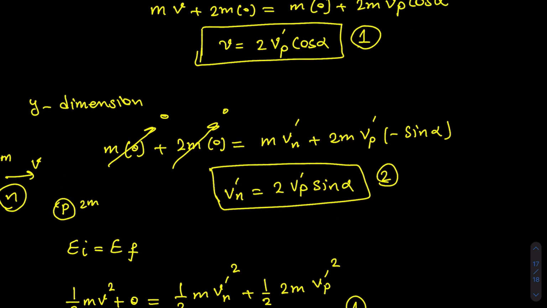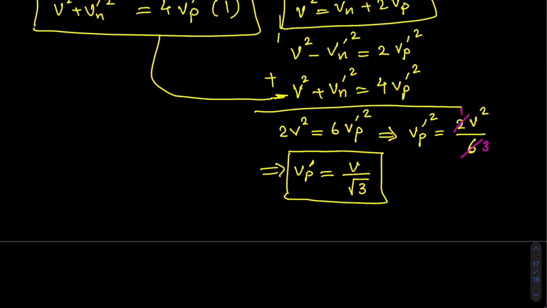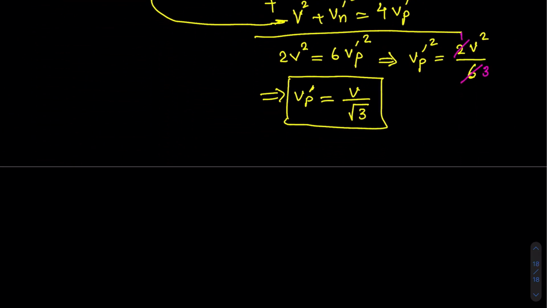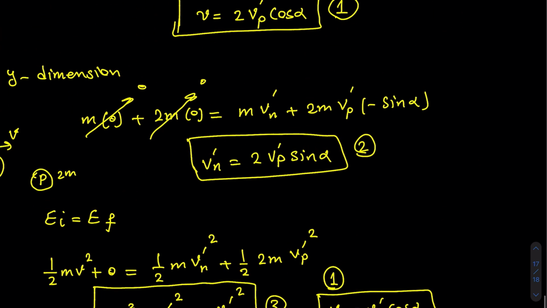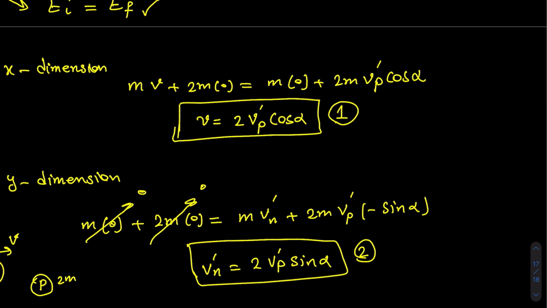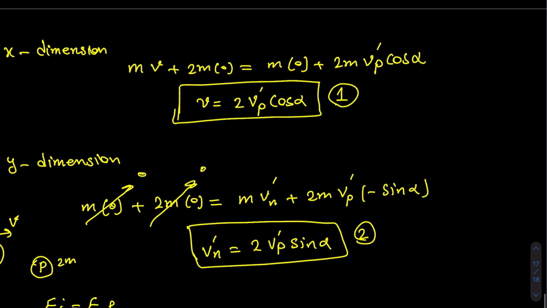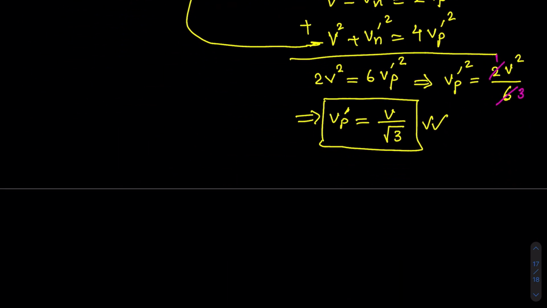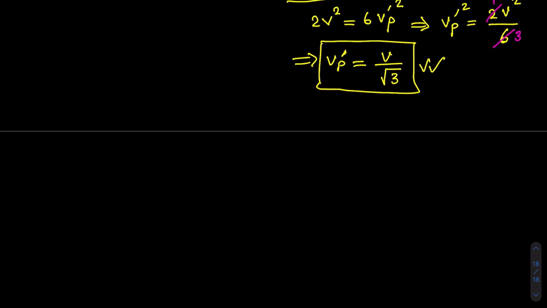Looking at equation number 1, we have found the velocity of particle after collision based on the velocity of nucleus before collision, and there is a cosine alpha there, so maybe we need to just substitute the value of Vp prime into this equation and see if we can simplify it further and if we can finally find the alpha.